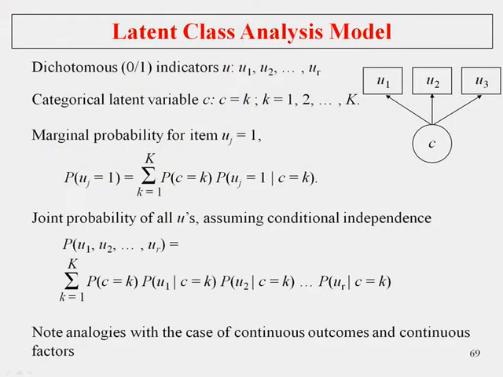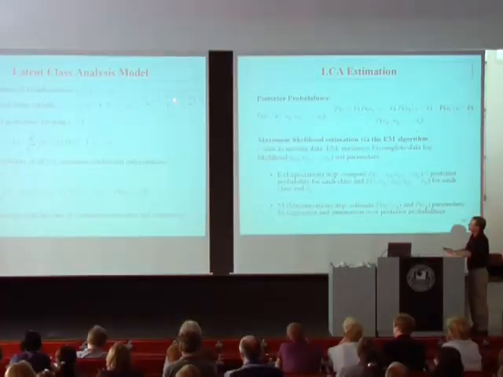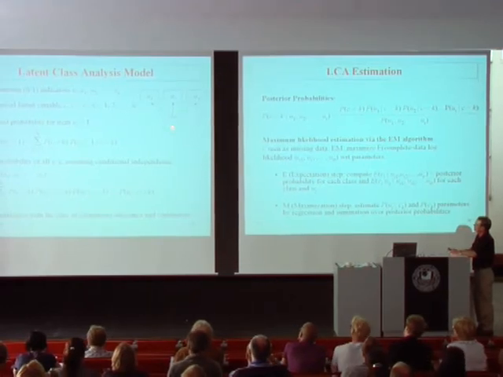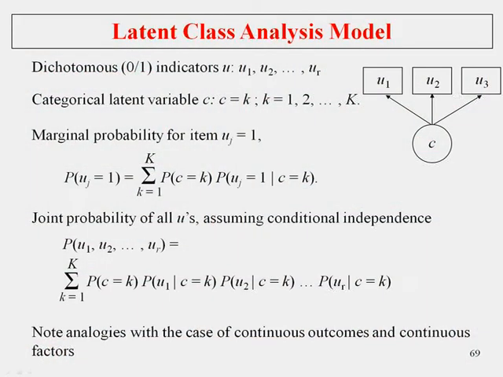So if we start on your left screen, we have a generic situation here with 3 dichotomous items and a categorical latent variable with K classes. And first of all, we're interested in, say, the probability for a certain item, one of the 3 items, and that is then written in this formula.